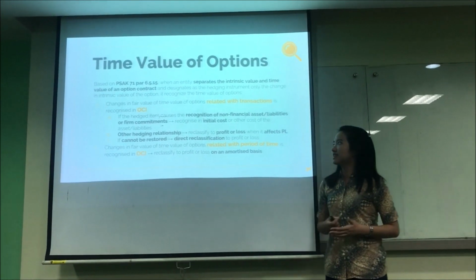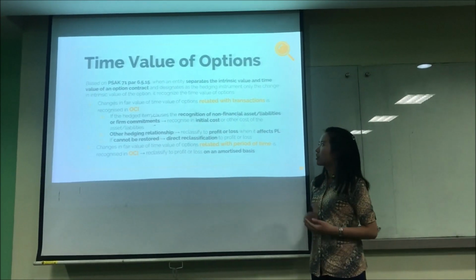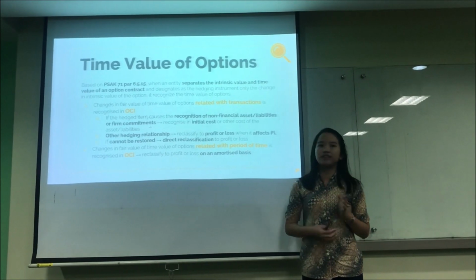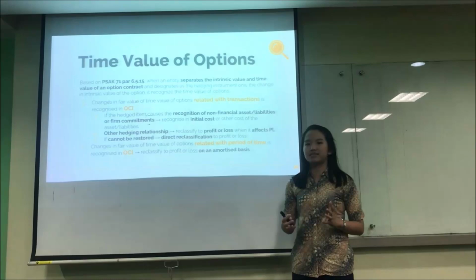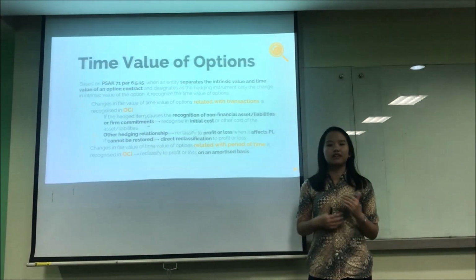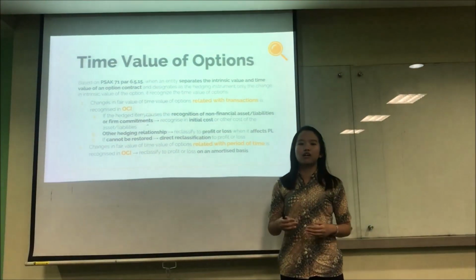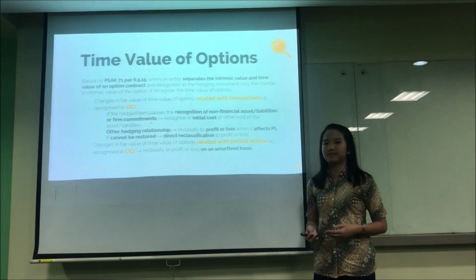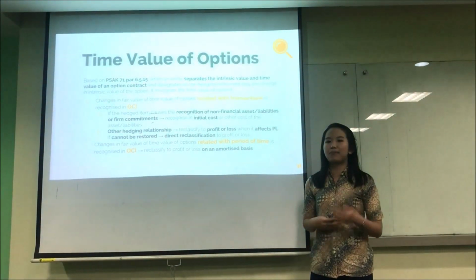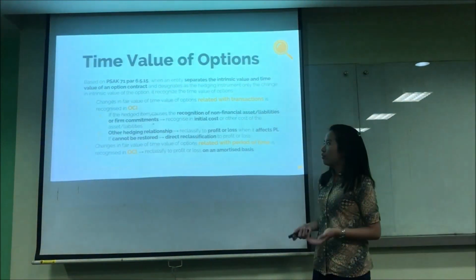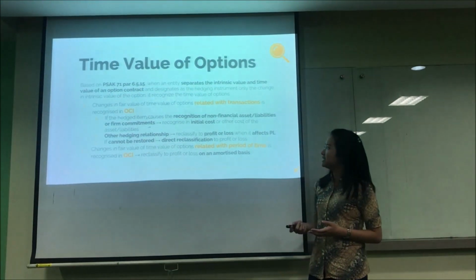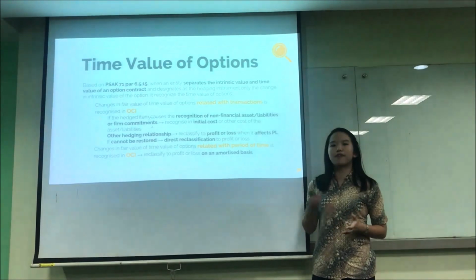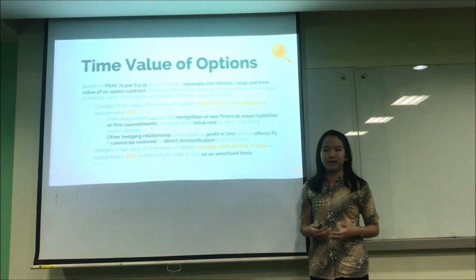For the first scenario, if the hedged item causes the recognition of a non-financial asset or liability or firm commitment, then they have to recognize it as an initial cost or other cost of the asset or liability. So basically, it's a capitalization. For other hedging relationships, they have to reclassify the profit or loss when it affects the P&L.